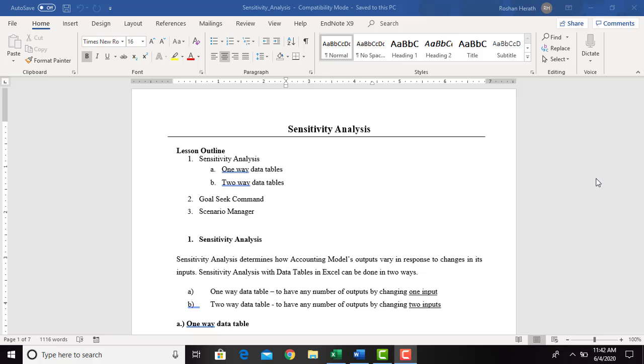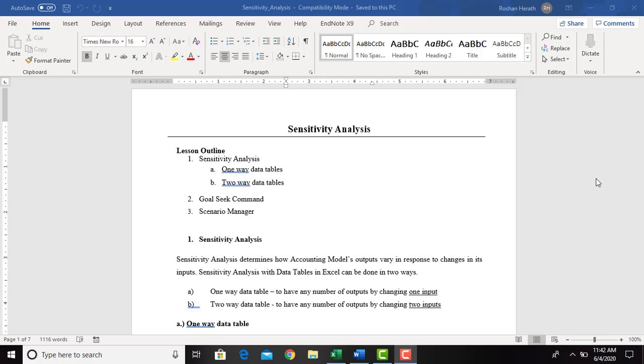If I just tell you something about sensitivity analysis, it is quite a small phenomenon. It simply looks at how, when there is a change in the input of a particular model, that will affect your output.